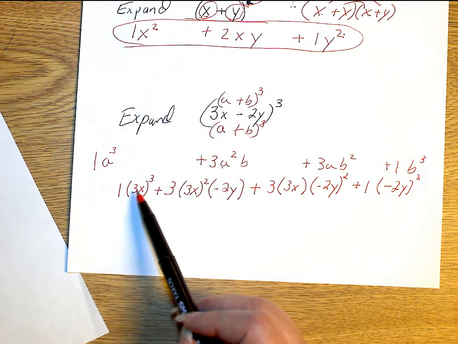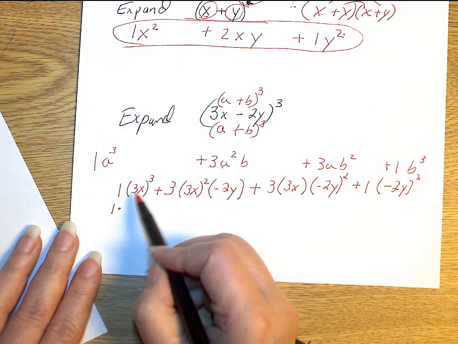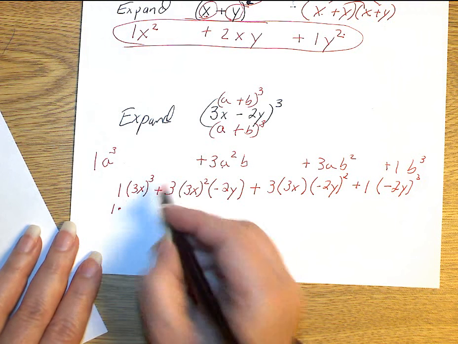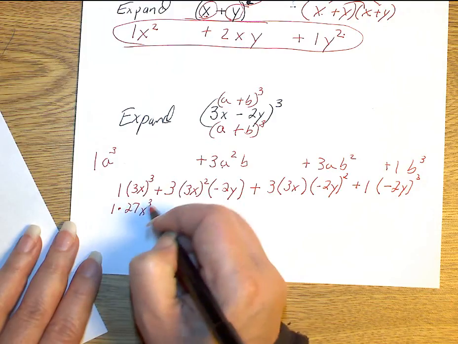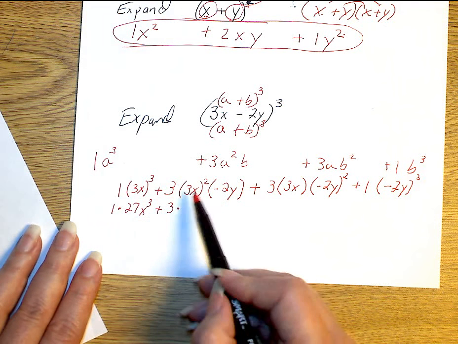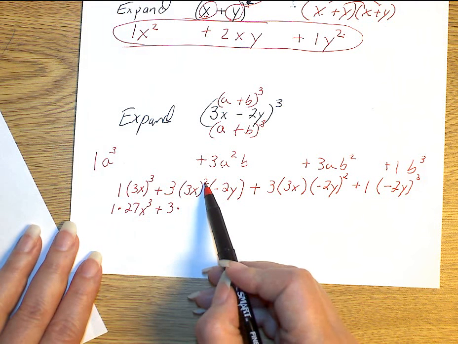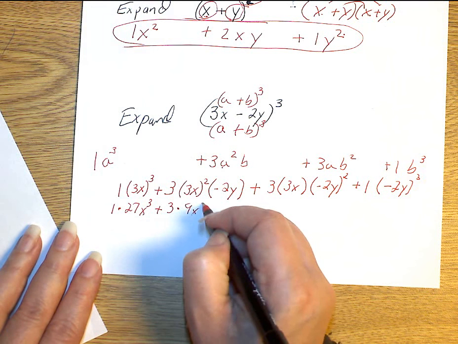We have here, I'm going to leave my 1 just to show you where it is. 3 cubed is 27x cubed, plus 3 times 3 squared gives me 9x squared times negative 2y.